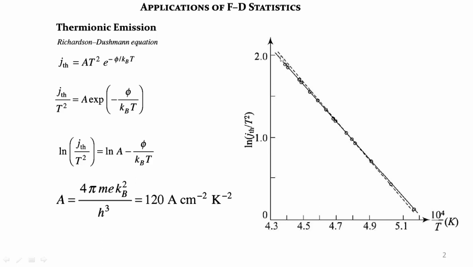So if the intercept is higher than this standard value of, say, 120 ampere per centimeter square per Kelvin square, then that may be attributed to the effective mass. And I hope you have done what the meaning of effective mass is in your solid state physics course, so I'm not going into details.